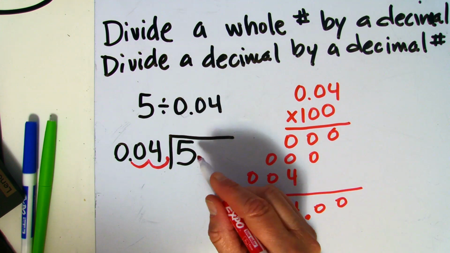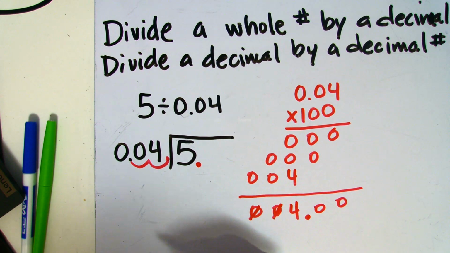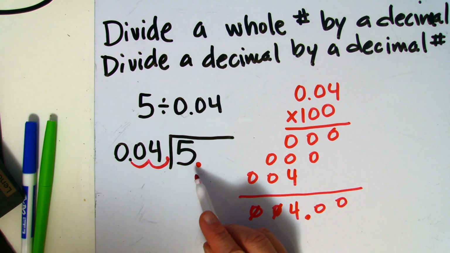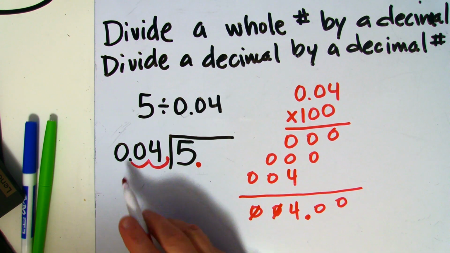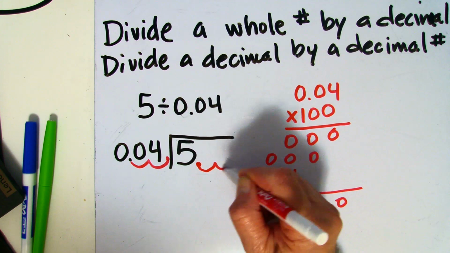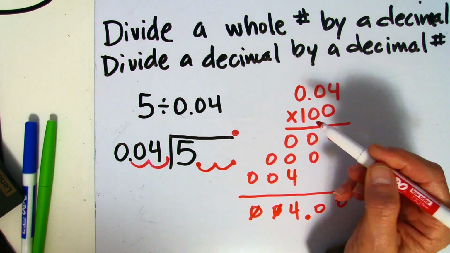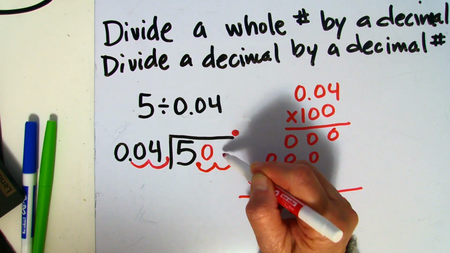Because the decimal point is after this last digit, even though it's not written down, I'm going to move the decimal point over 2 places to the right, just like I did with the divisor. I'm going to bring up that decimal point and substitute these spaces with zeros.